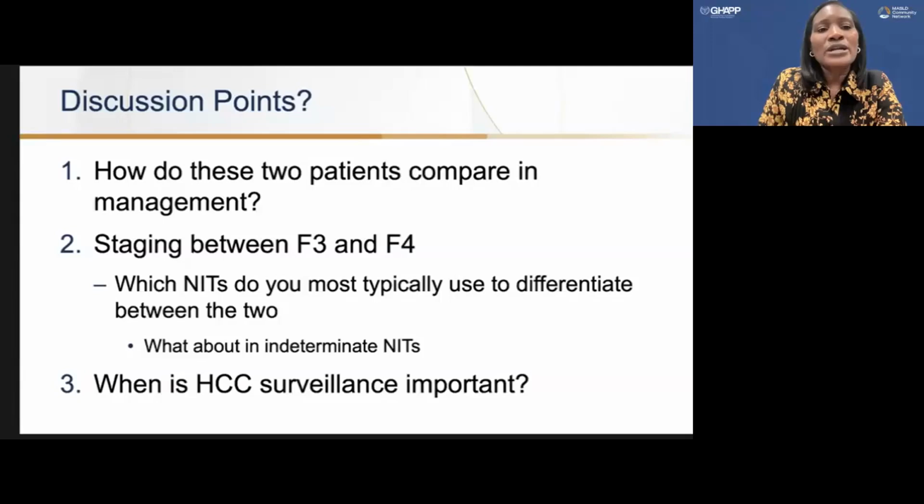Staging between F3 and F4, which NITs do you typically use to differentiate between an F3 and F4 patient if they're indeterminate NITs? So you have an F3 that's kind of borderline, and then you have an F4. Which NITs would you use?